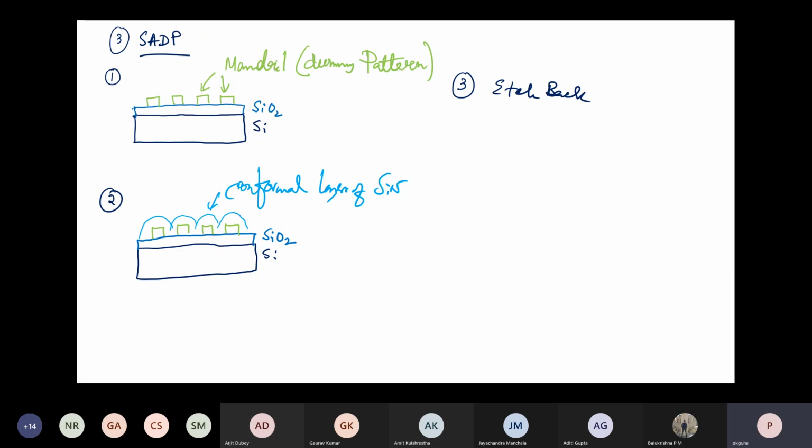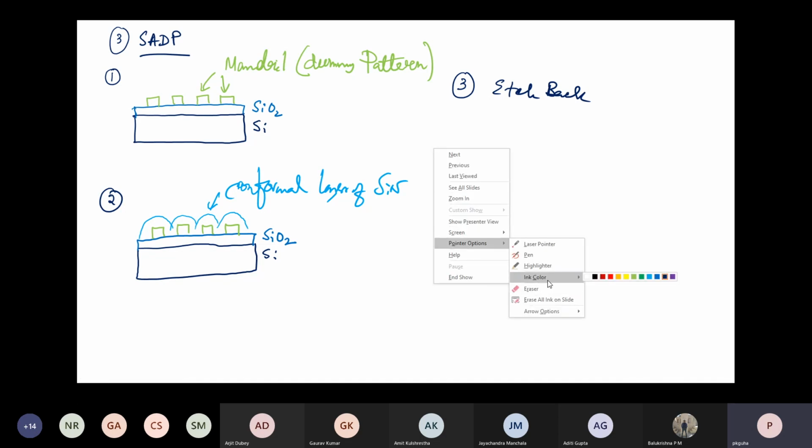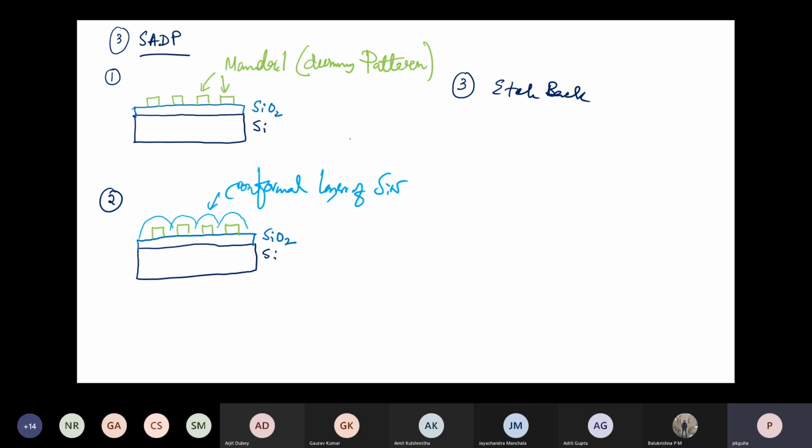If I just zoom in on one of the mandrels, this is the mandrel.